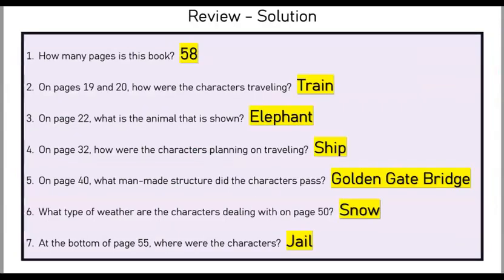And then on certain pages, you can see pictures of things like trains and elephants and ships and bridges and snow, and where and what the characters are doing and how they're feeling. So you can mention some of that in your paragraph.